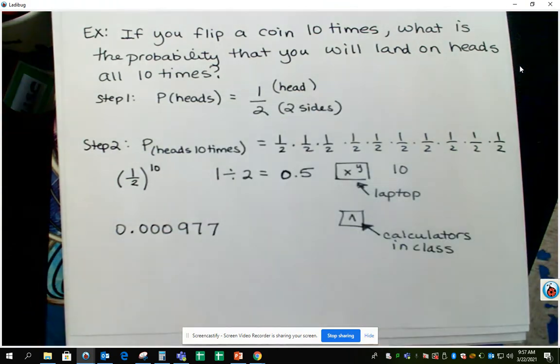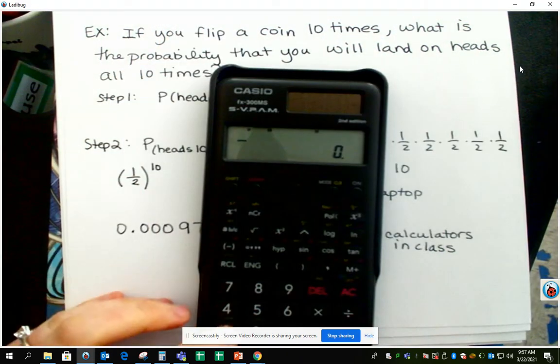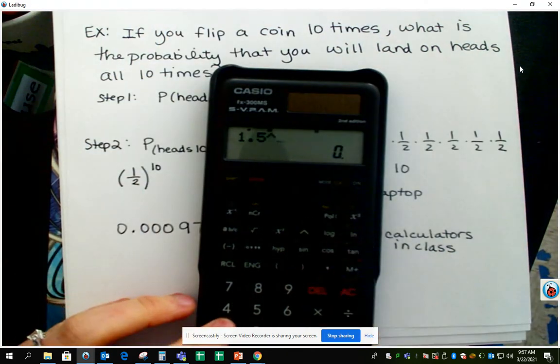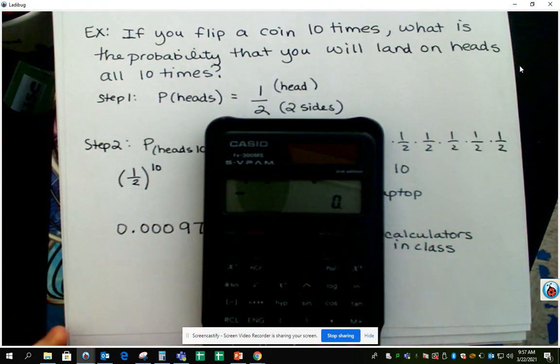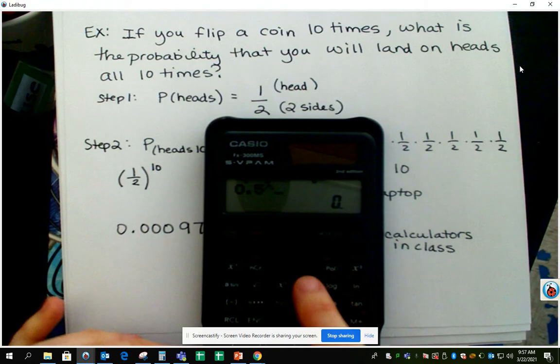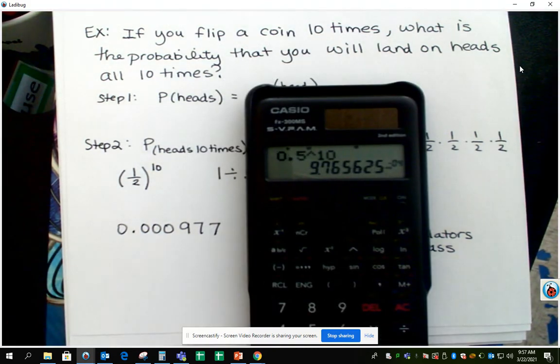Let me try a different calculator. Try that again. So 0.5 to the 10th power. There we go. Now notice this one comes out different.